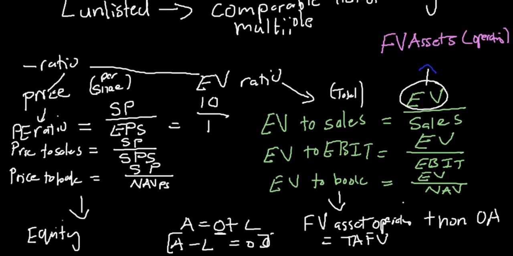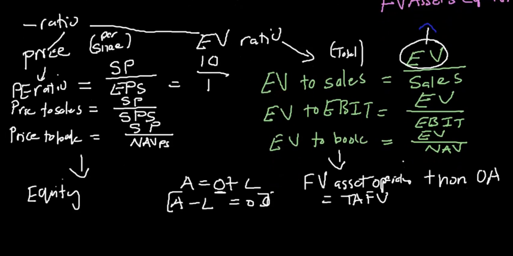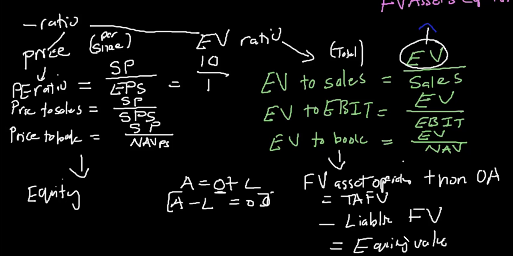So if I get my total assets fair valued, so after I've done my multiple valuation and I get my fair value of the assets that are operating, and then I add my non-operating assets, which are typically valued separately, I must still subtract the liabilities fair value. And only once I've subtracted the liabilities fair value will I then get the equity value of the company, which is basically this amount.